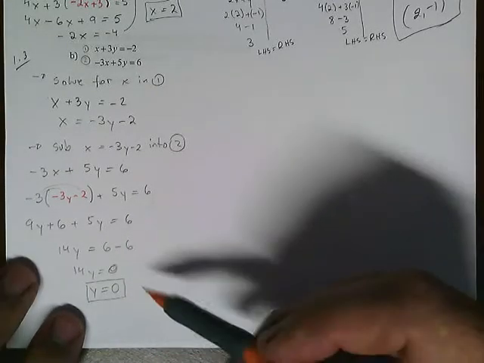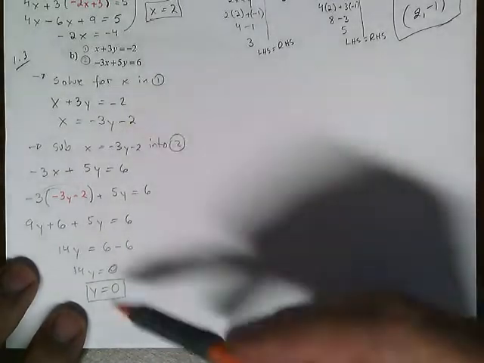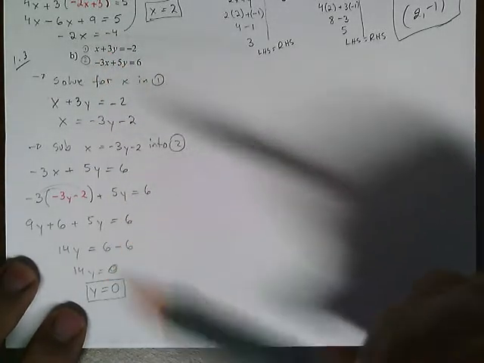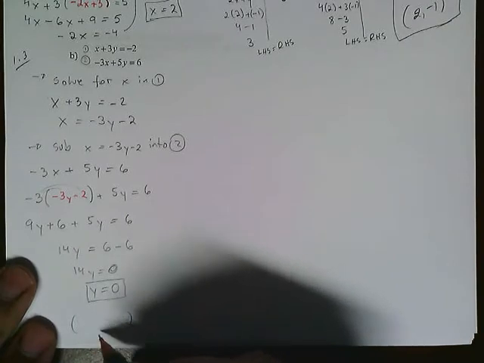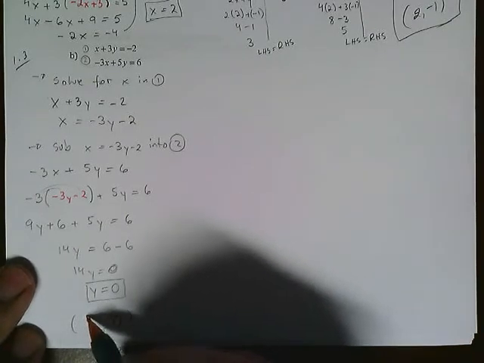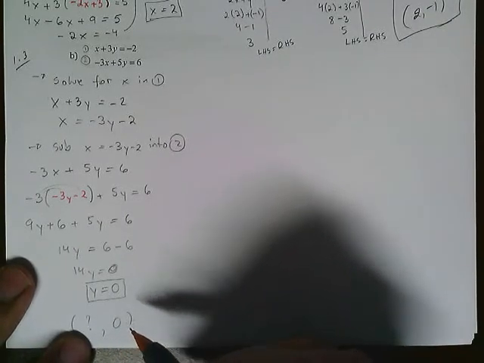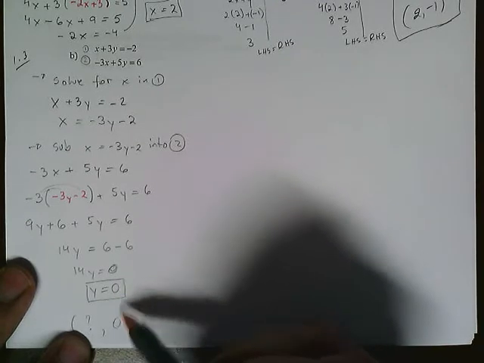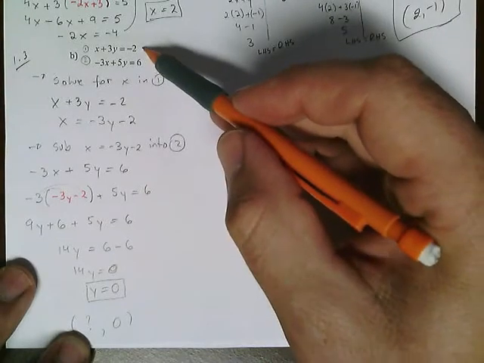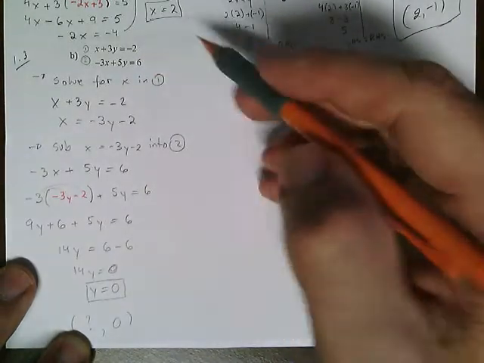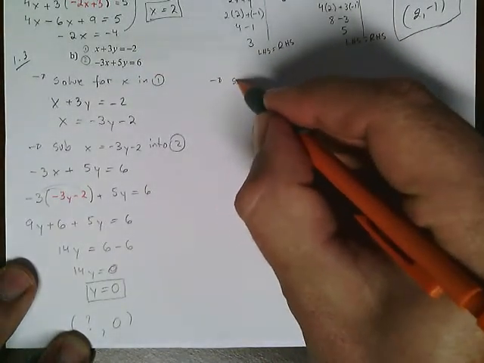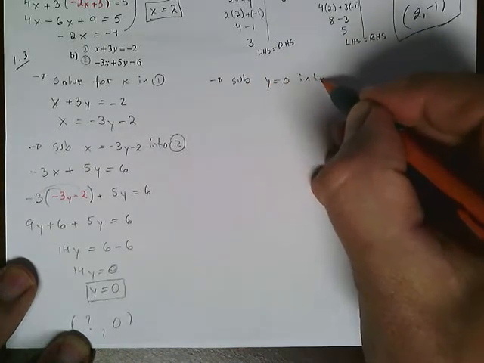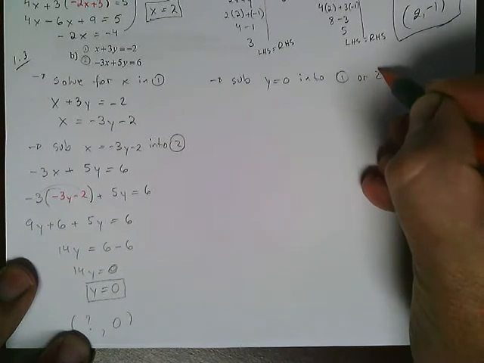Okay, so we know that the y variable of the solution to the system is 0. So basically you're saying, okay, the solution is this, but I don't know what the x is. So how would you do that? Okay, well, you plug this into one of the two equations there. So you choose to sub y is equal to 0 into 1 or 2.